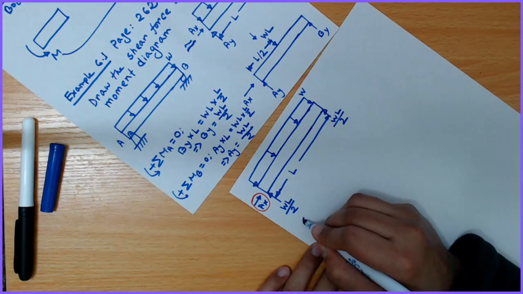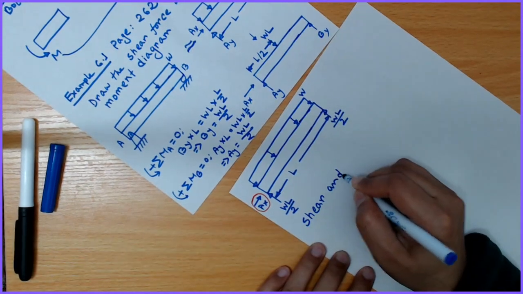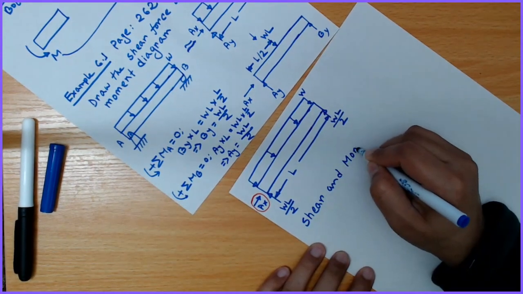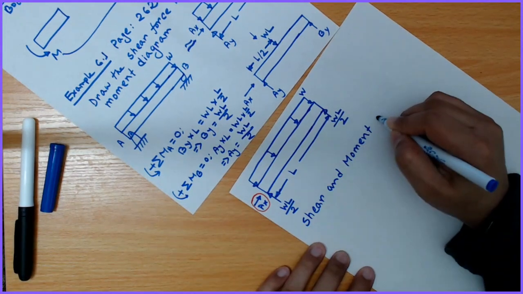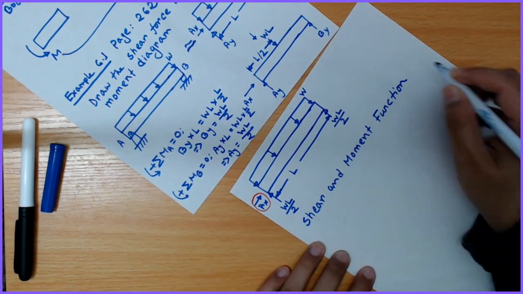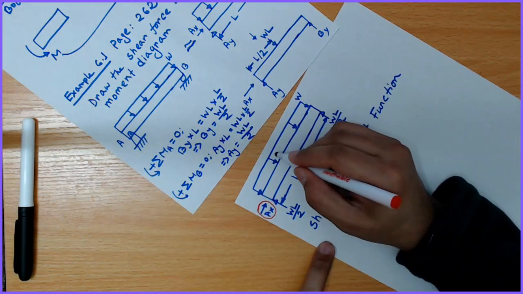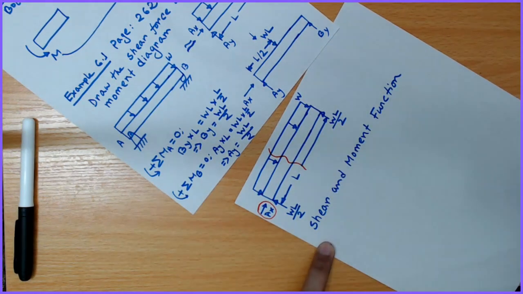We need shear and moment functions. To derive a shear and moment function, we will cut a segment from the beam.